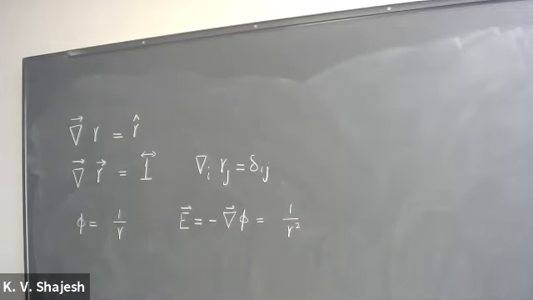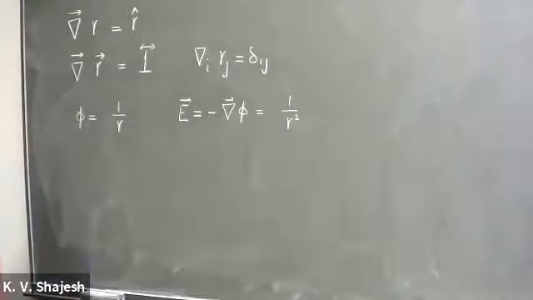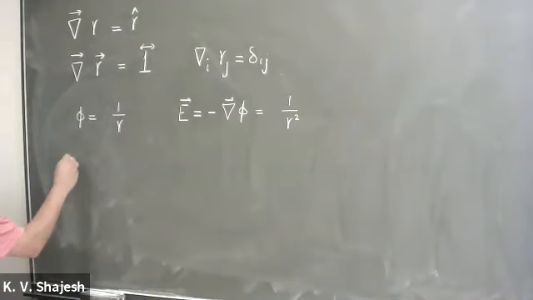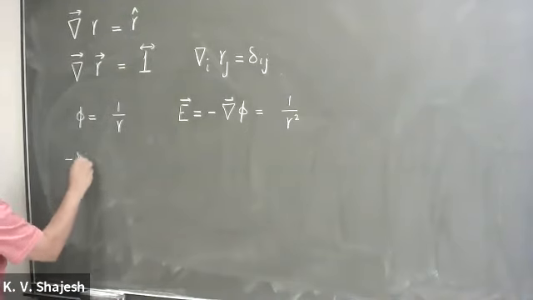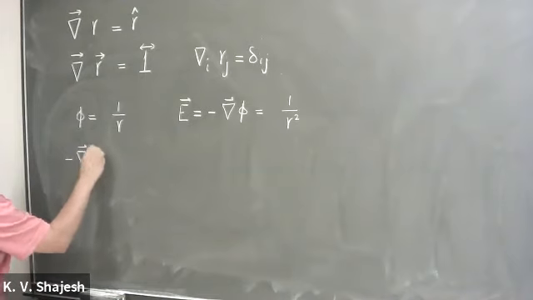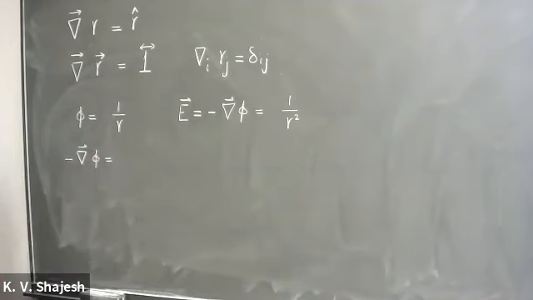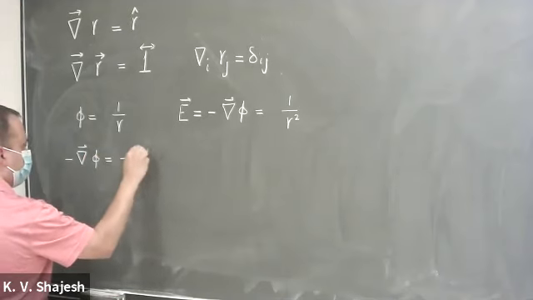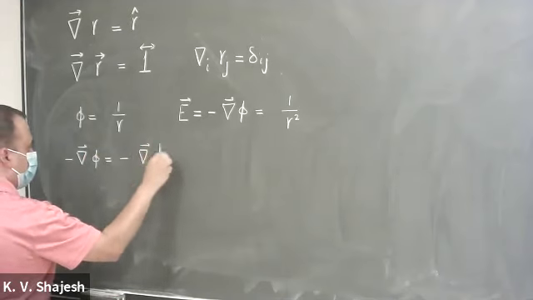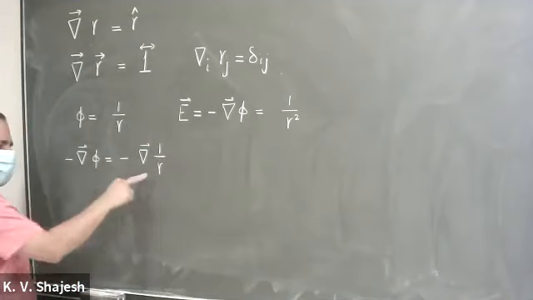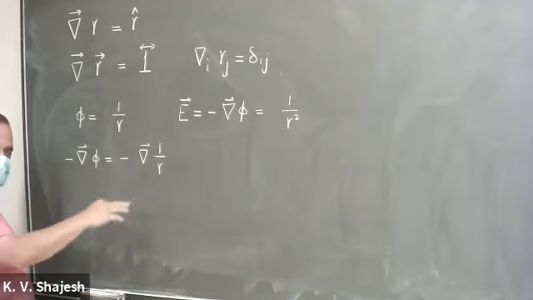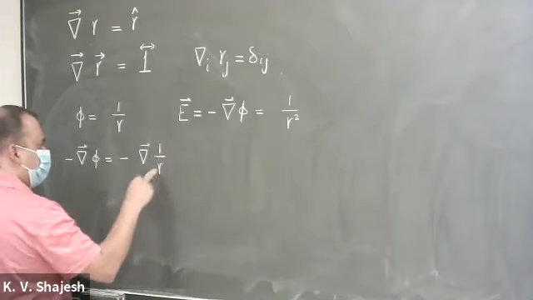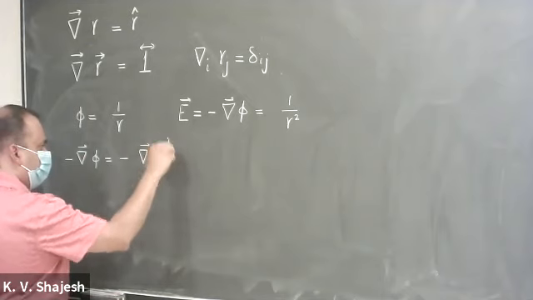But let's show this. How would you prove this? Let's begin with the negative gradient of phi. That's equal to the negative gradient of 1 over R. This is a function. Don't think of this as an R, then it gets more confusing. This is actually a function and you're using the chain rule.